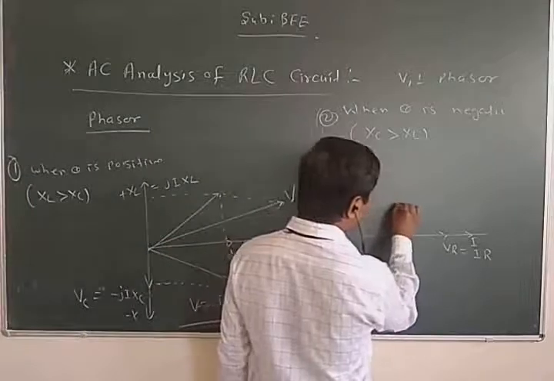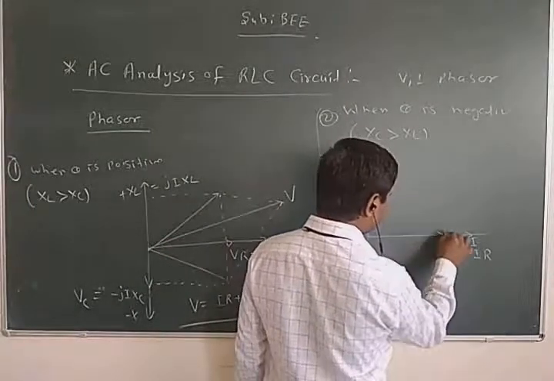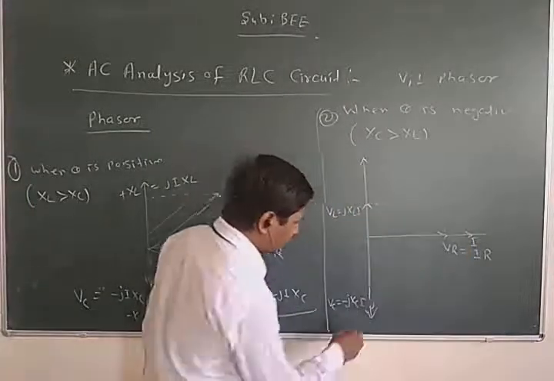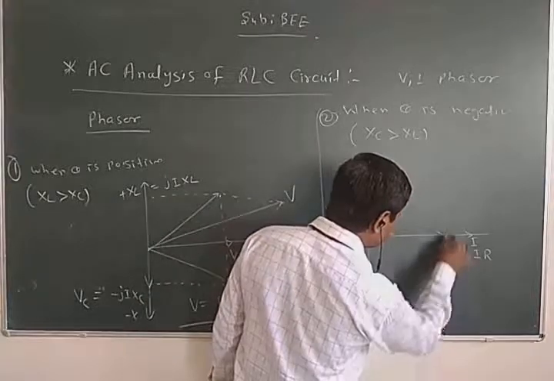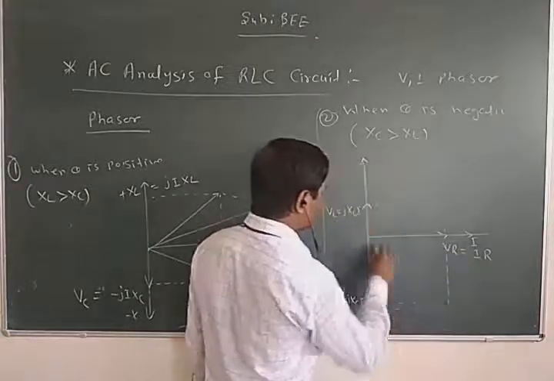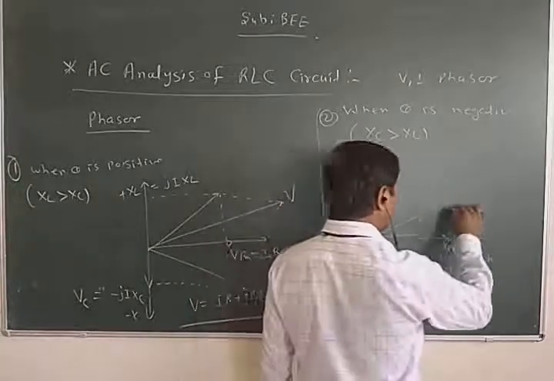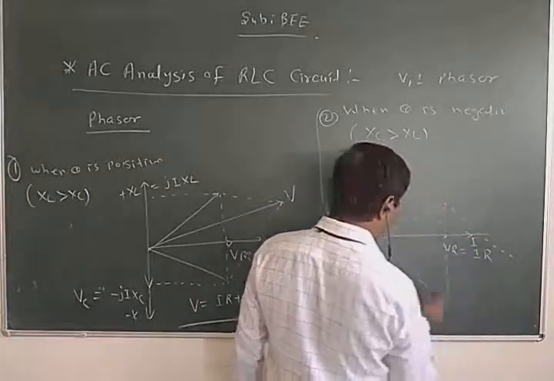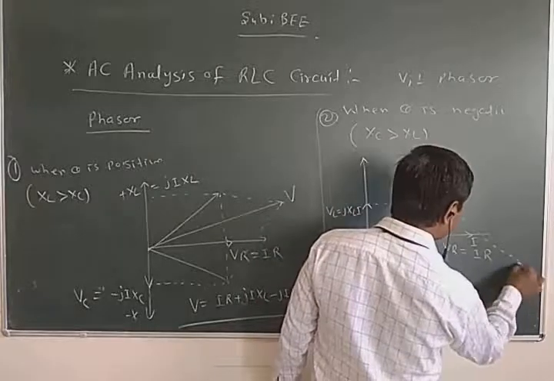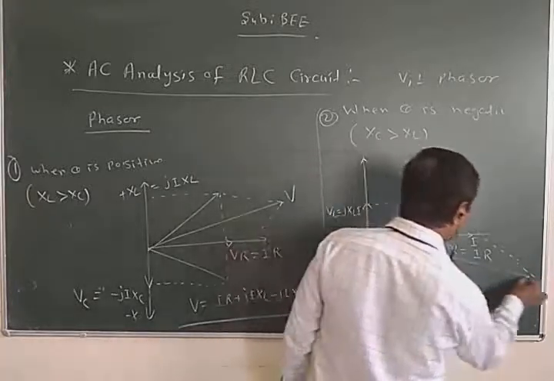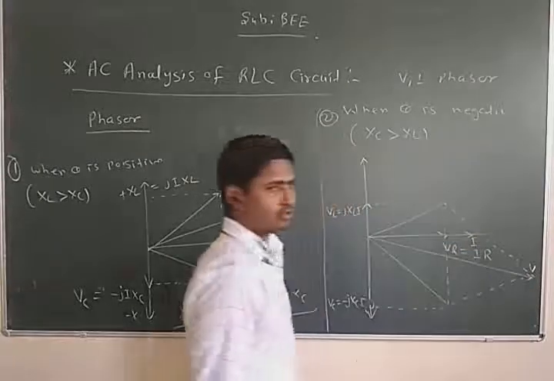So due to resistance and inductance, the voltage is this, and due to capacitance, the voltage is this. The total source voltage is the phasor sum of all the voltages. So this is the resultant voltage V, that is the source voltage.